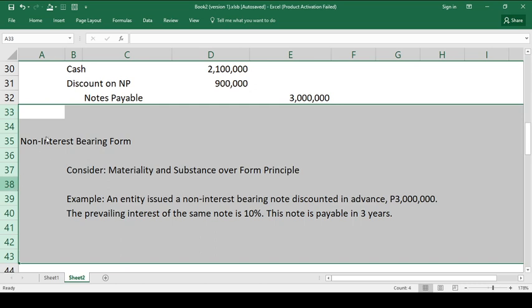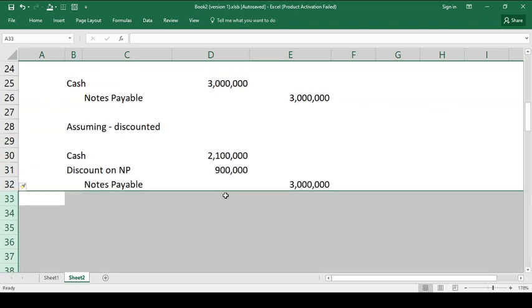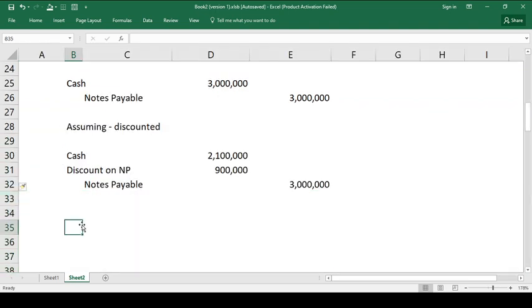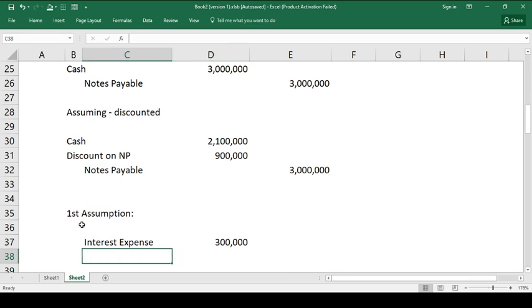If the interest is paid on the first assumption, related to first assumption, that the issuer did not agree with the creditor na ibawas yung interest, the entry for the interest would be debit, if it was paid at the end of the period, interest expense for 300,000 pesos. And then credit to cash if it was paid in cash. Take note, if it was paid in cash, we credit cash.